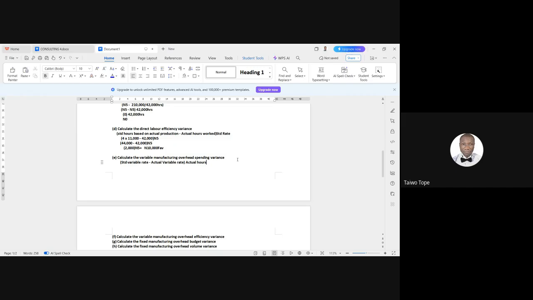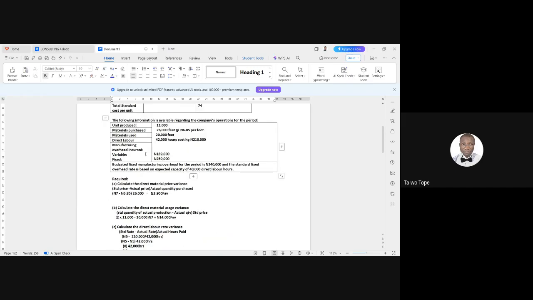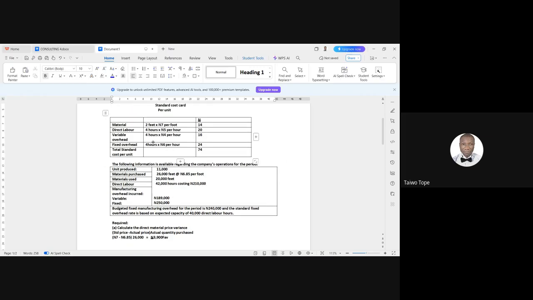So from the question, your standard variable rate is what? See it here, the variable overhead rate. It's 4.